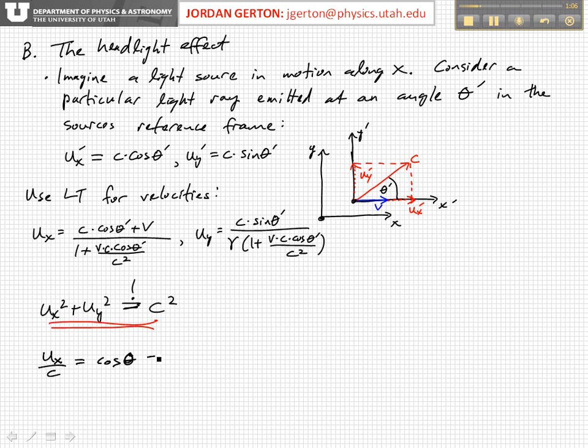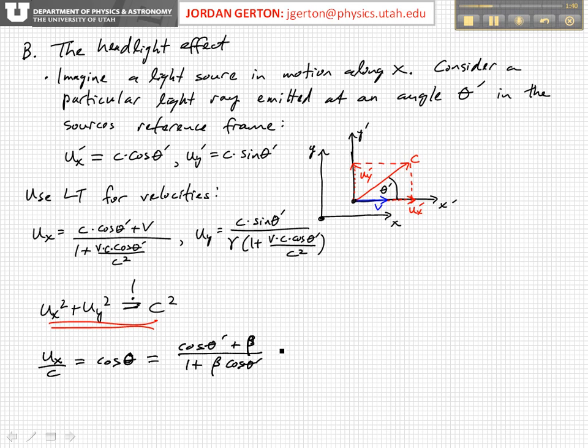And this is just equal to cosine theta prime plus beta, divided by 1 plus beta cosine theta prime, where I've divided this equation for u of x, the top and bottom, by c, and that gives you this expression.